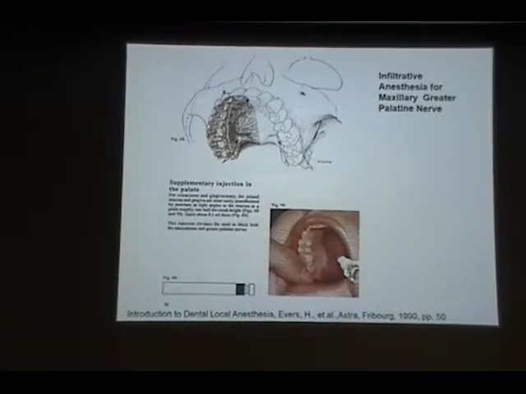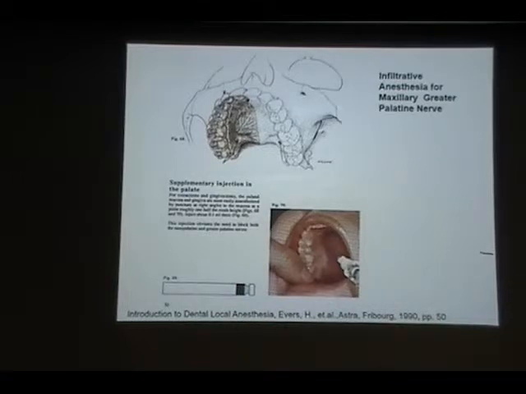Okay, now sometimes we want to get a more profound effect. So for example, what if we wanted to take out all of the dentition in the maxillary left or the maxillary right? We've got some choices here. The choice they will probably make for you is to take a needle and turn the patient into somewhat of a dental pincushion, and just keep injecting cartridges until you've injected enough anesthetic around the palatal, buccal and labial surfaces of all the dentition.